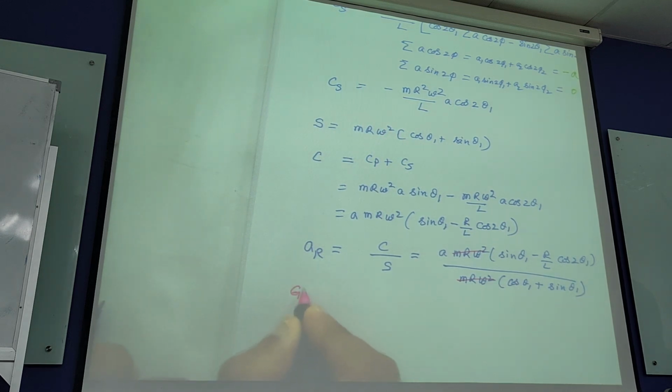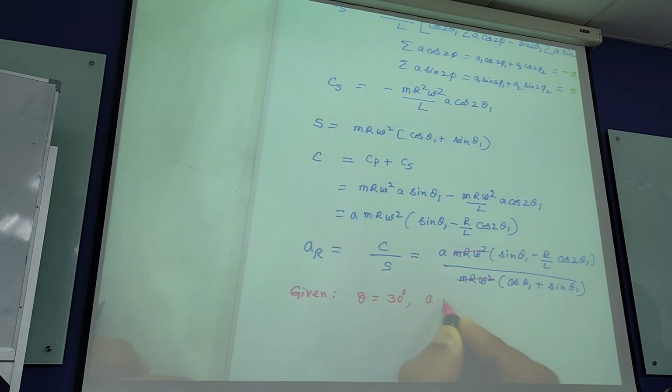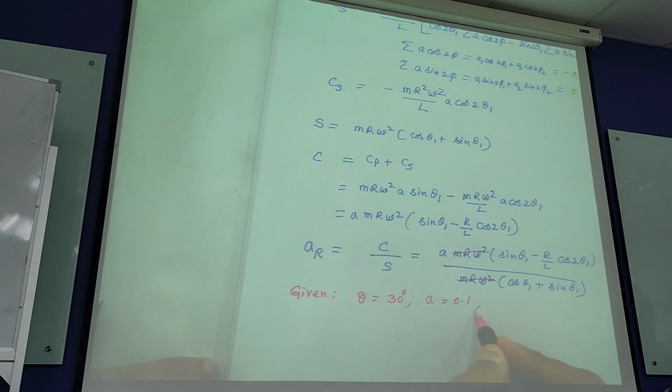The problem gives theta equal to 30 degrees, A is 0.1, and the R by L ratio is 1/4.